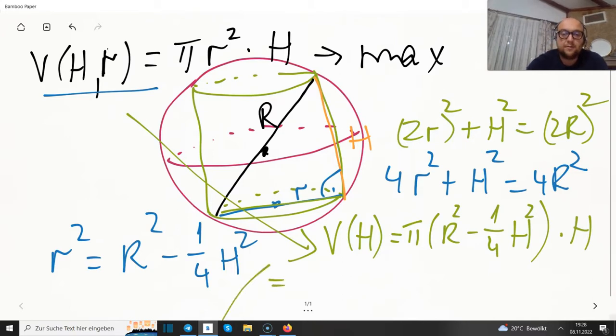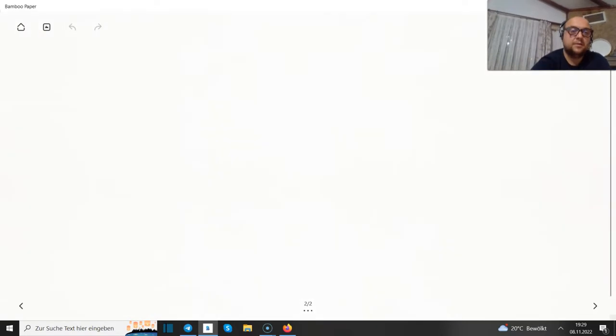So we just have pi capital R squared times h minus pi divided by 4 h cubed. Let's figure out its derivative. I think I have to do it on the next page. So this is the volume of h.